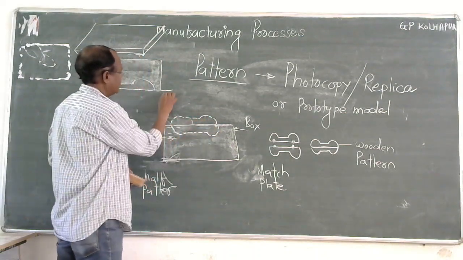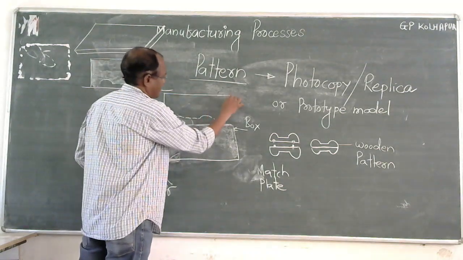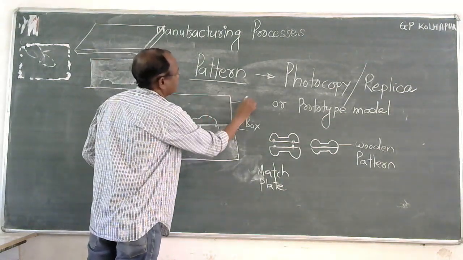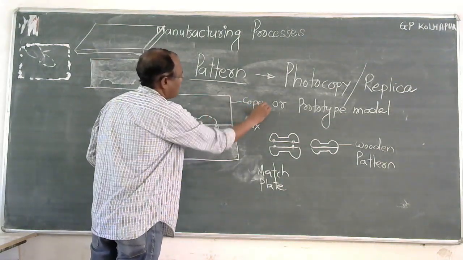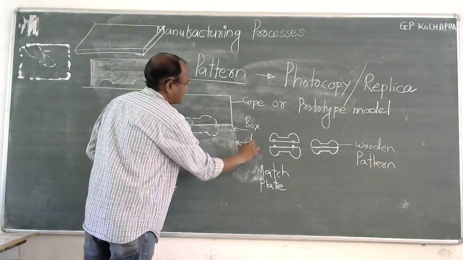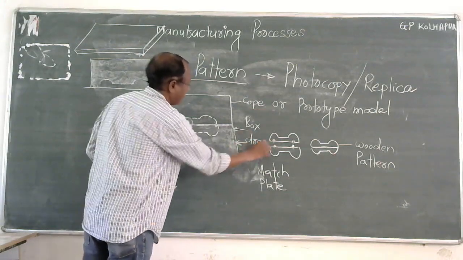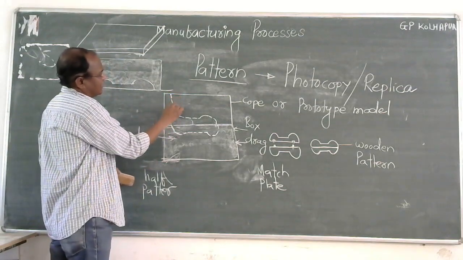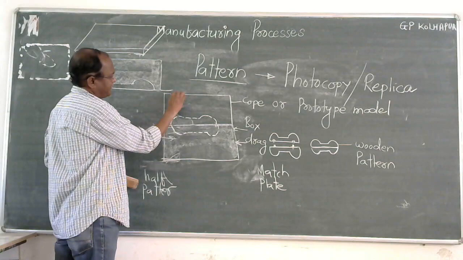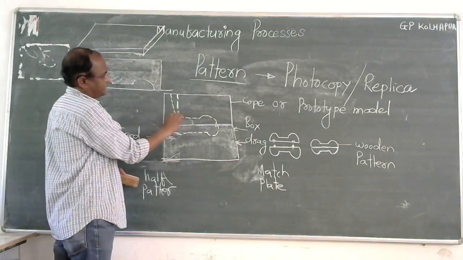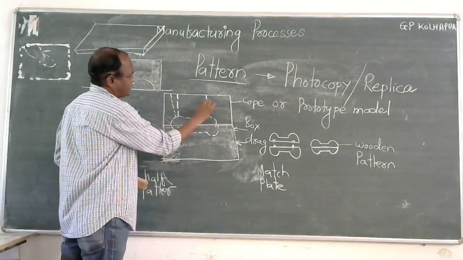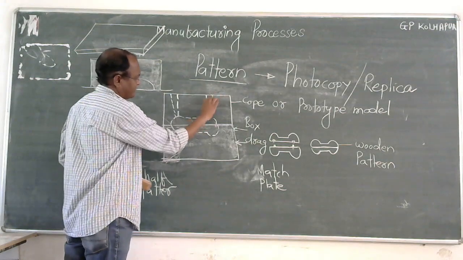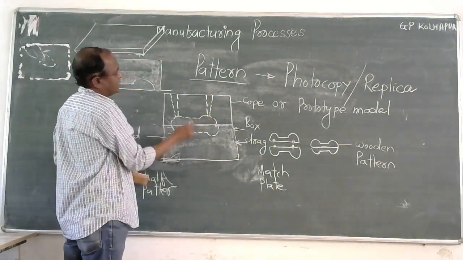So this looks like this. The top portion of the box is called the cope box, and this is called the drag box. And now here you use one runner, a plastic pipe, and another is the riser.